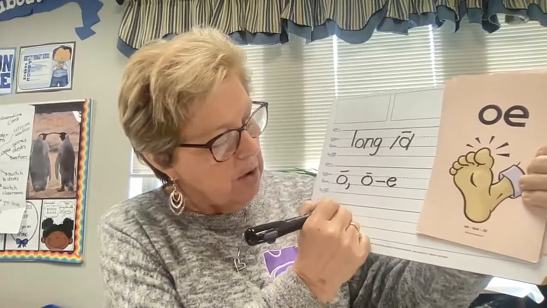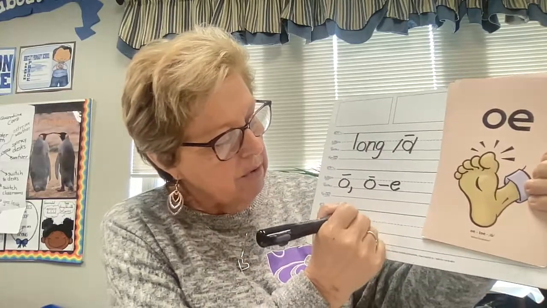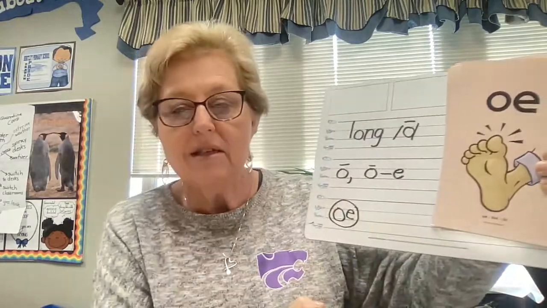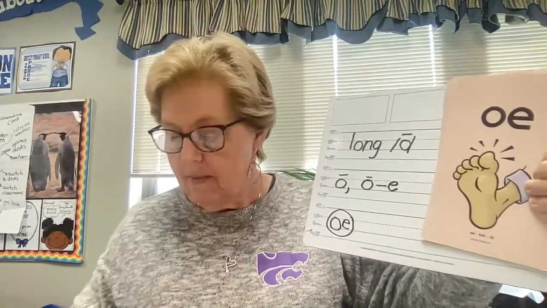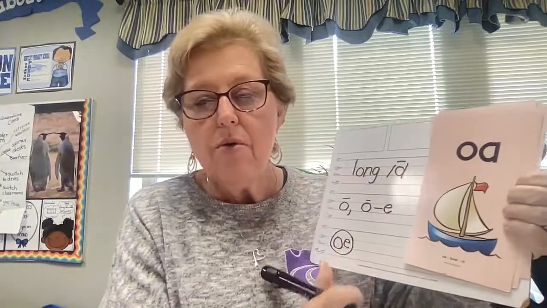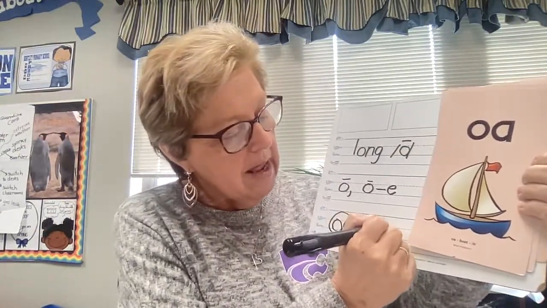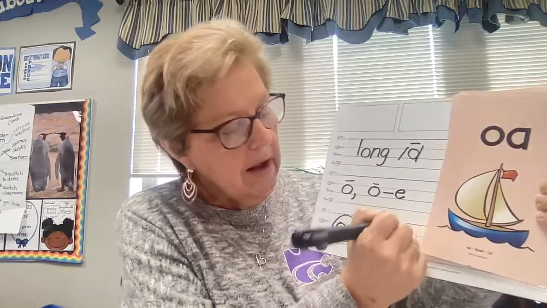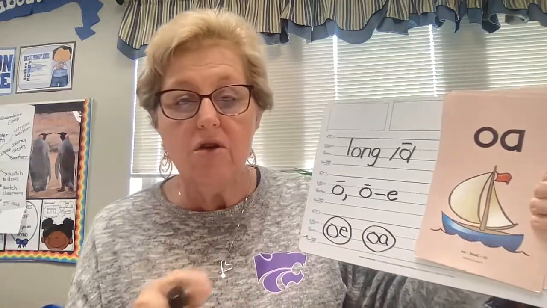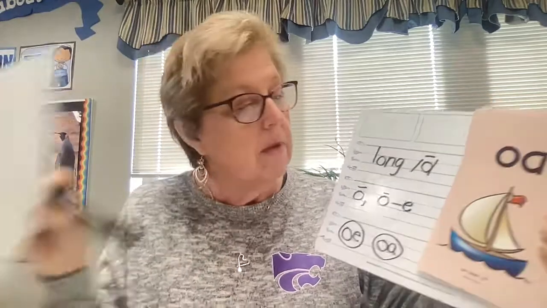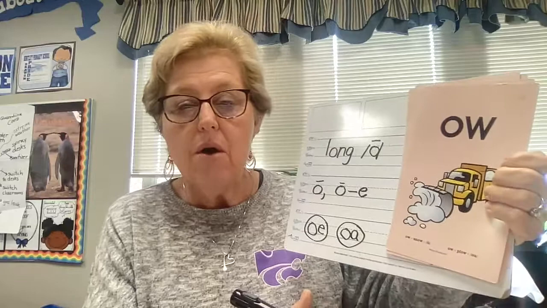And let's put O-E. And I want to go ahead and circle that because it's a double vowel. O-A, boat. And you put O-A and circle it. And remember, boys and girls, if you ever need to, you can pause the video. And the last sound is O-W, snow.